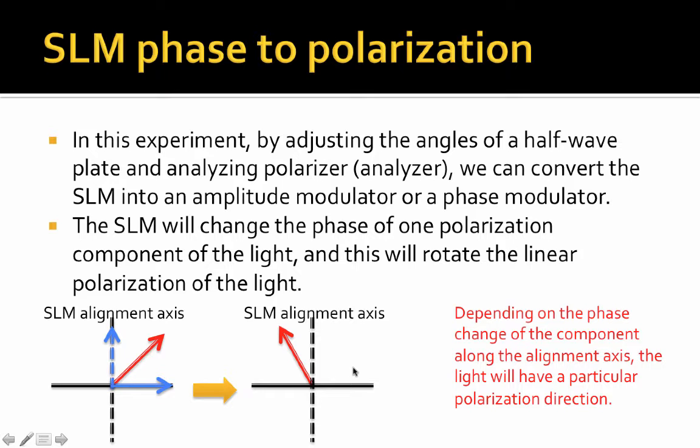What that will become is your electric field pointing in a different direction, depending on how much you changed the phase of the SLM. So the outgoing light will have some particular polarization direction depending on the particular phase change of the component that lies along the alignment axis.